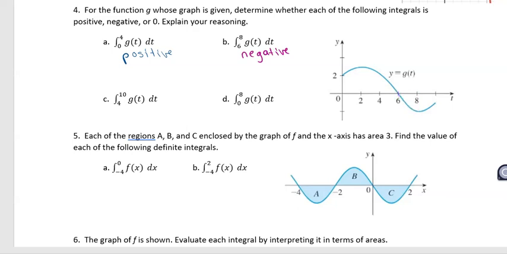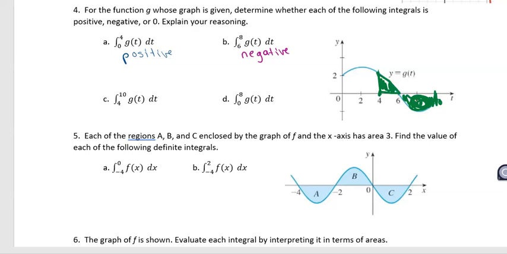Let's look at the next one. We're looking at the integral from 4 to 10. So for this one, here's 10 right here. We're looking at this piece and this piece. So all this under here and all this up here.